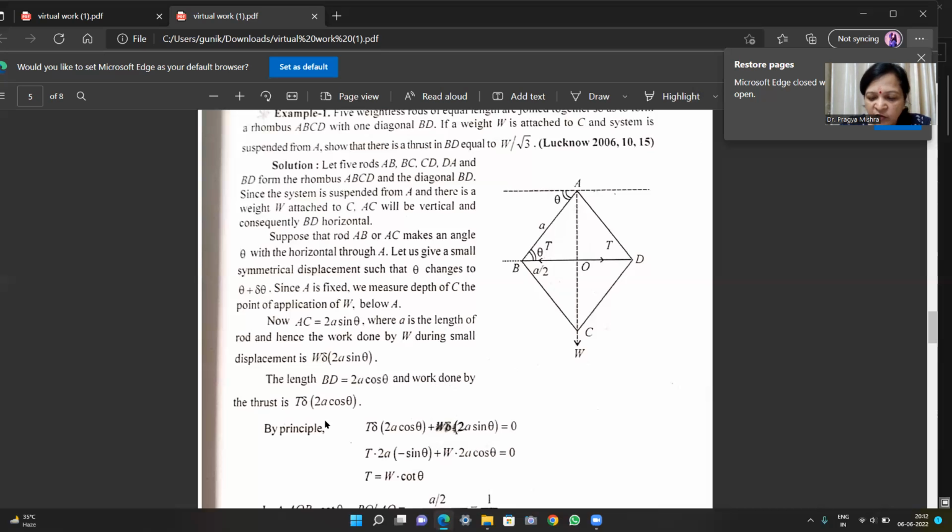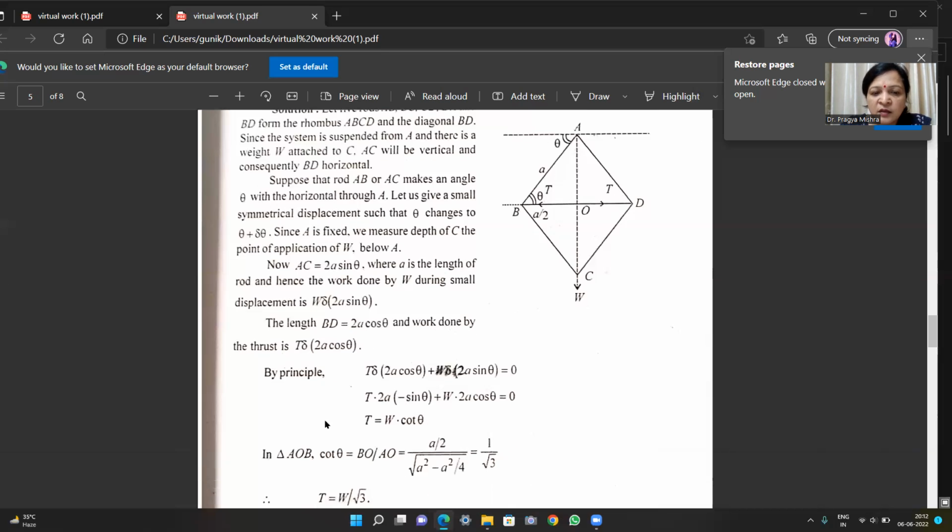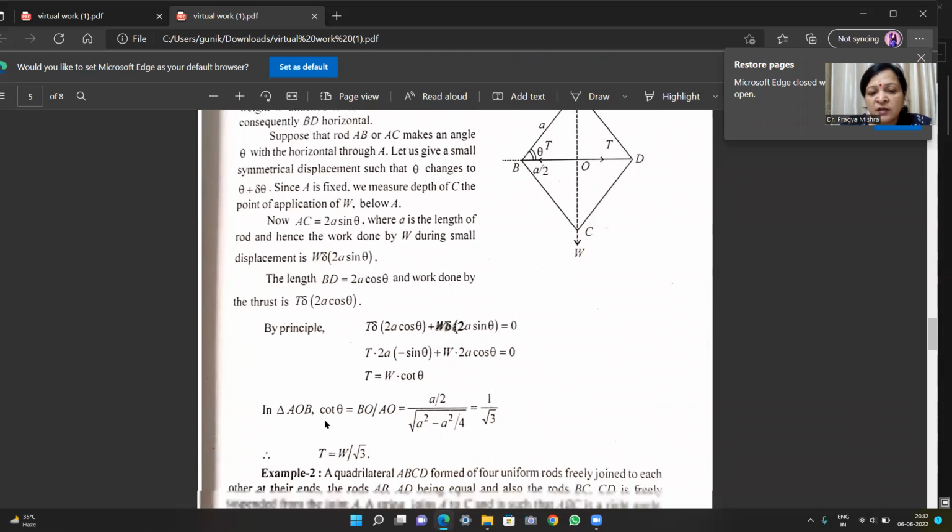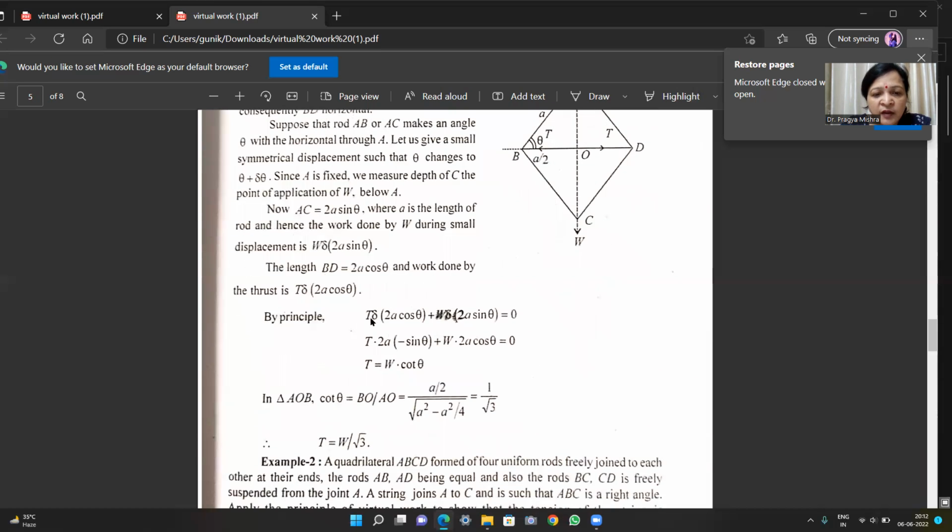Now, by the principle of virtual work, total virtual work done is 0. So finally, we get T delta 2a cos theta plus W delta 2a sin theta equals 0. On differentiating this, we get T into 2a minus sin theta plus W into 2a cos theta, multiplied by delta theta.